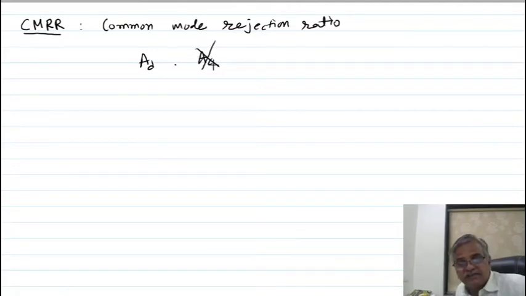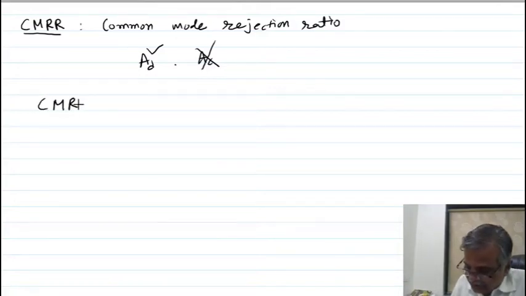CMRR expresses how a differential amplifier is successful in providing differential gain and rejecting common mode gain.